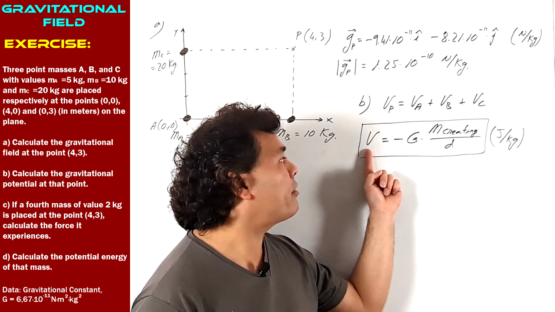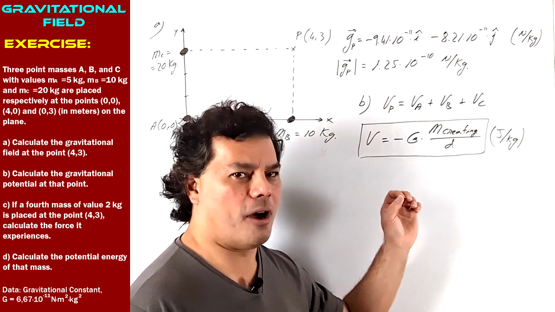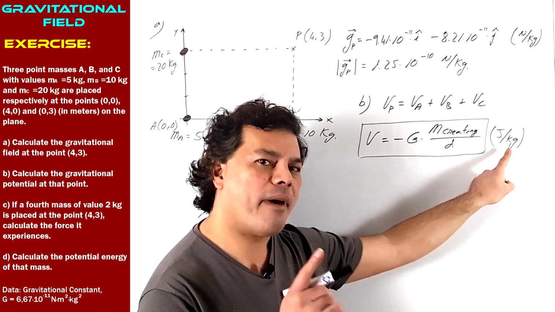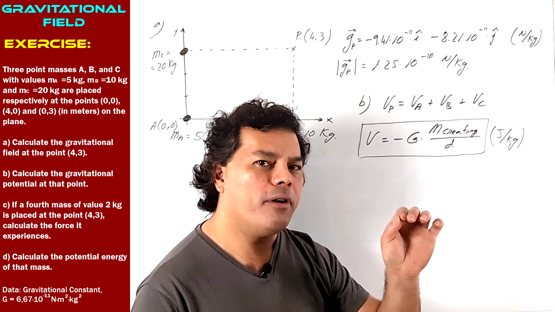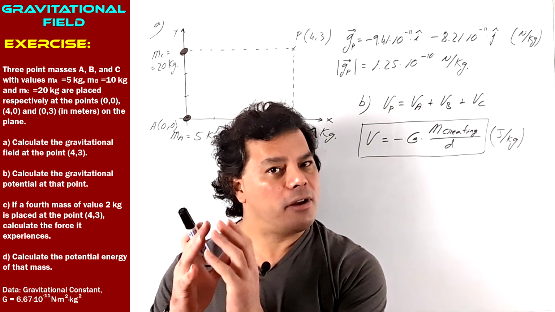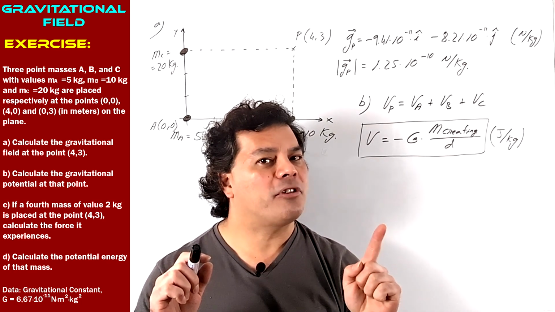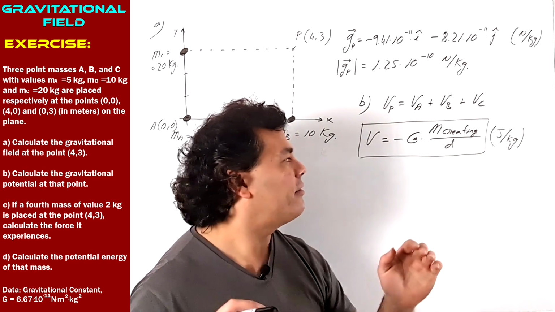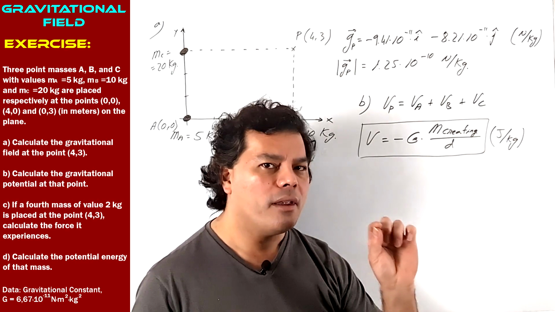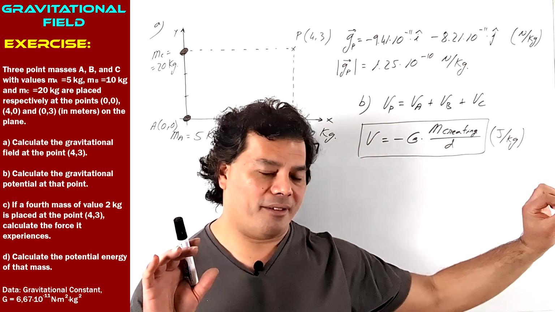And what does the gravitational potential mean? This is the work that must be done to move 1 kilogram of mass from a point to the infinite. Okay? Imagine that we have here a creating mass and we are calculating the gravitational potential at this point. So the gravitational potential is the work that must be done to move 1 kilogram of mass from this point to the infinite.